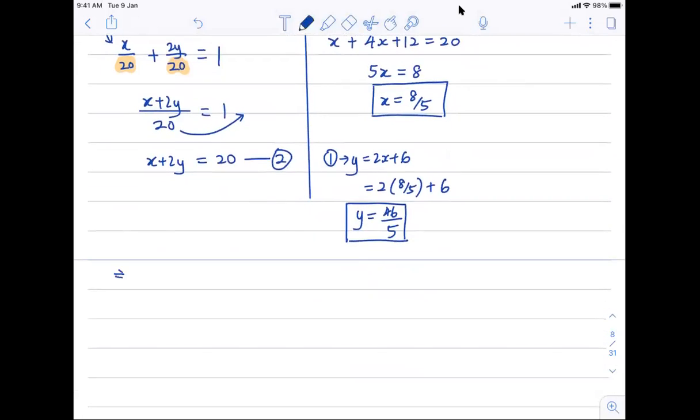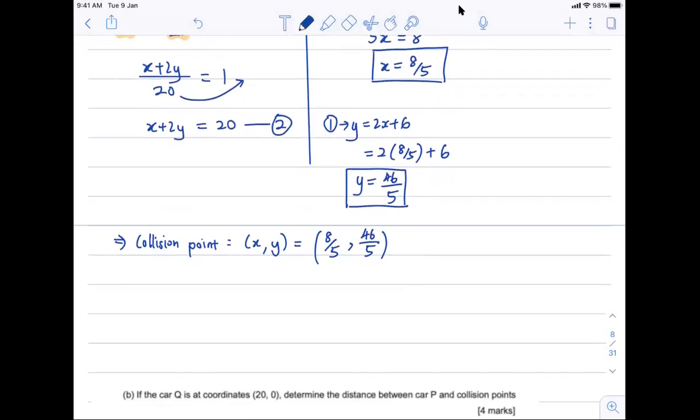Therefore, we know that our collision point is at x, y, which is 8 over 5, comma 46 over 5. Okay, now let us move on to part B.